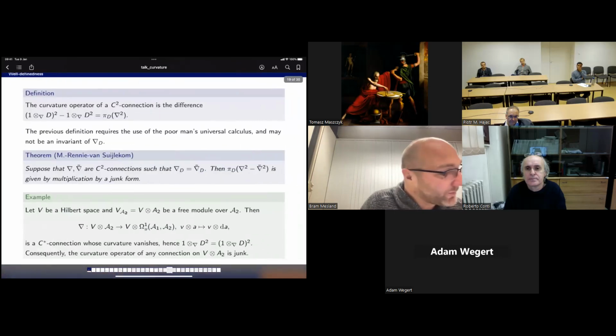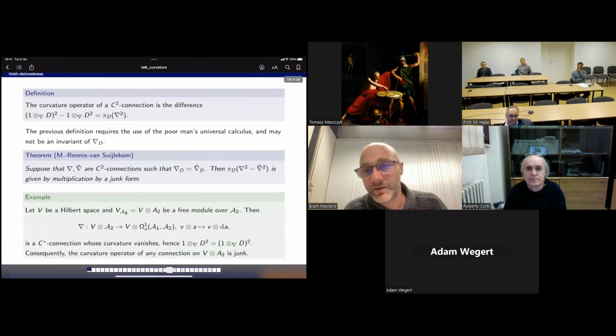All right. Now, this brings us to this definition that the curvature operator of a C2 connection is simply this operator, which now has two appearances: the difference of Laplacians, or simply the representation of nabla squared.